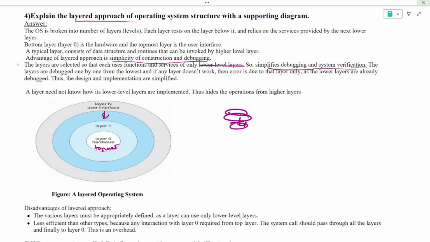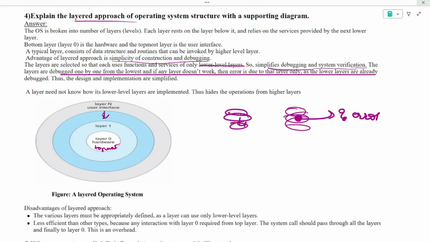The layers are debugged one by one, starting from the lowest. If any layer doesn't work, then the error is due to that layer only. Thus the design and implementation are simple.